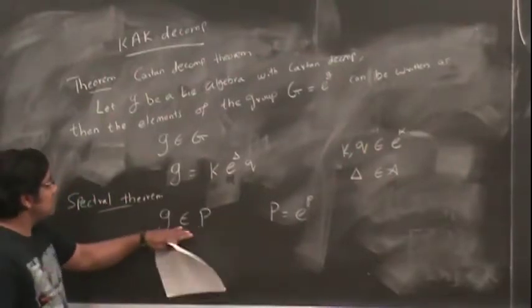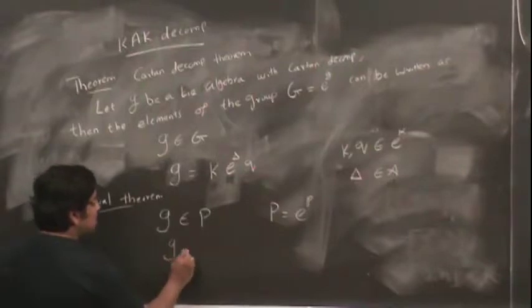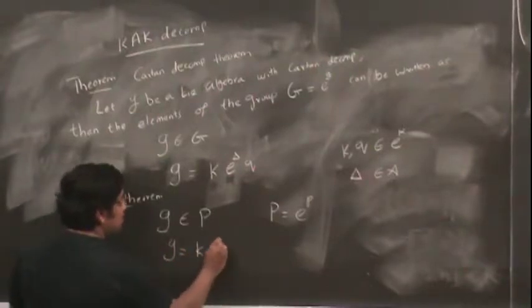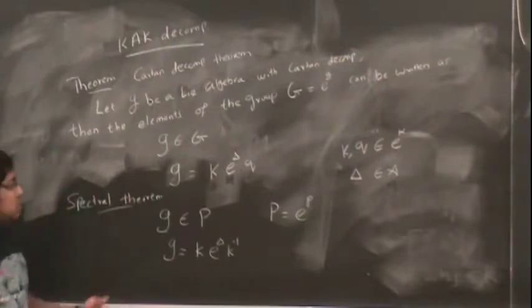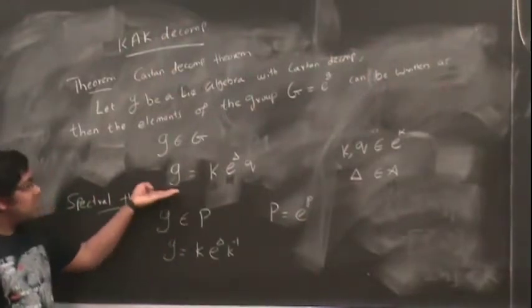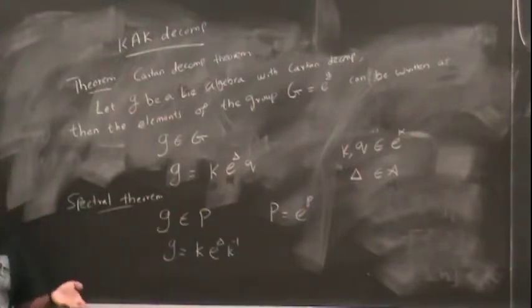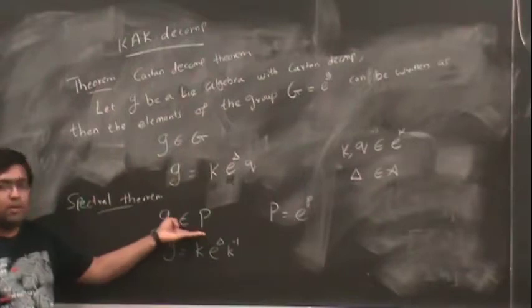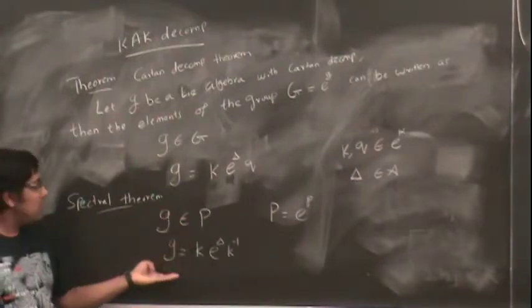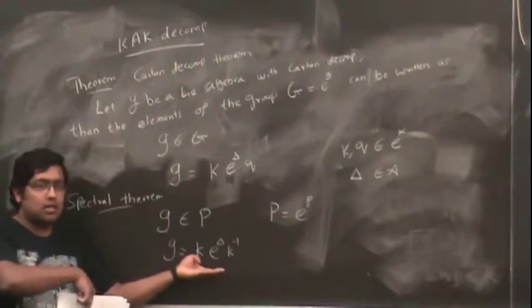If this is the case, then we can write G as k e to the delta a inverse. Which tells you that a general element can be written in this way as a singular value decomposition. But if that element is in P, then you can diagonalize it using elements in K.